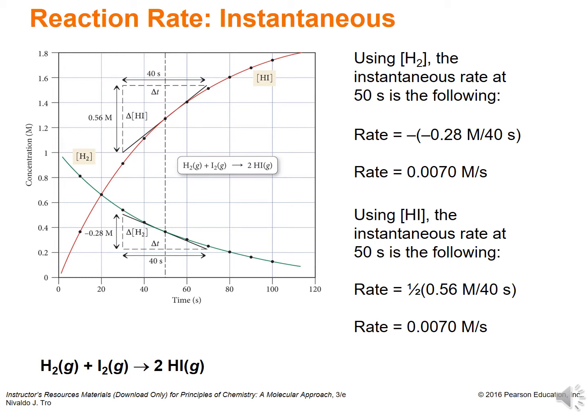So that's where that delta T of 40 seconds comes from. If we do that calculation correctly, we end up with a rate of 0.0070 molar per second.